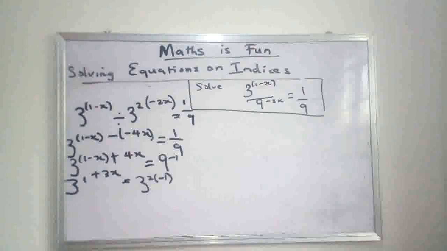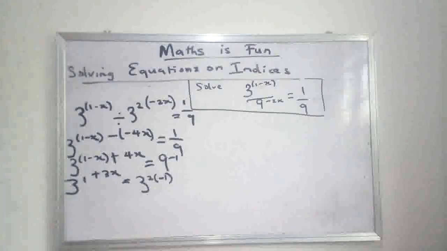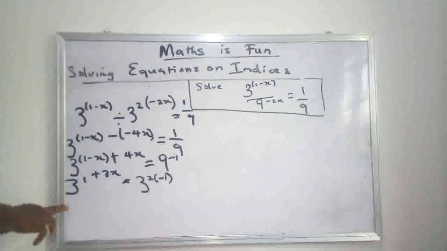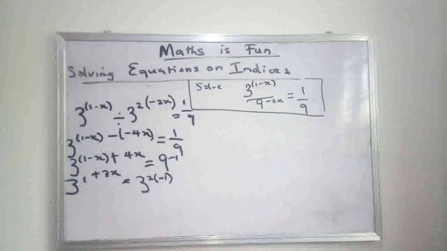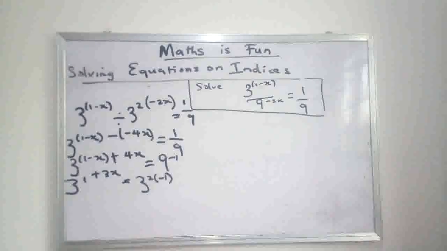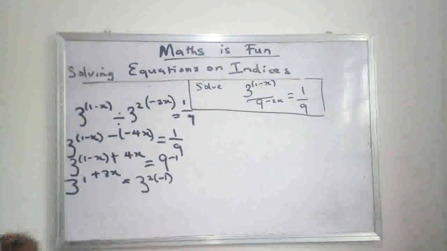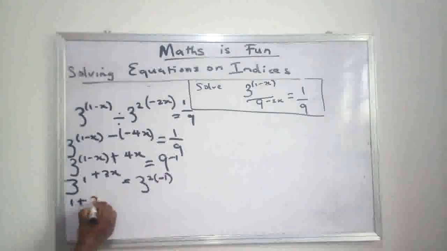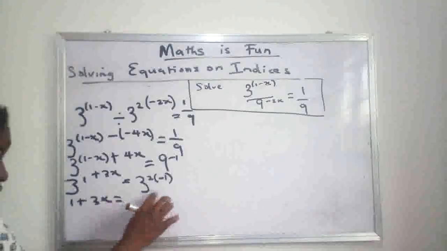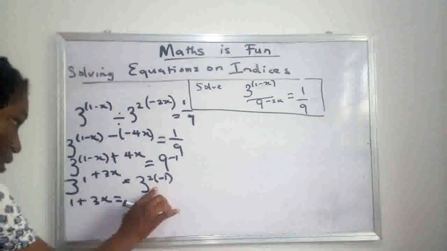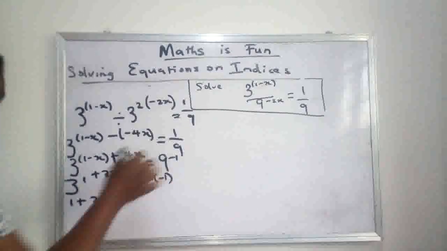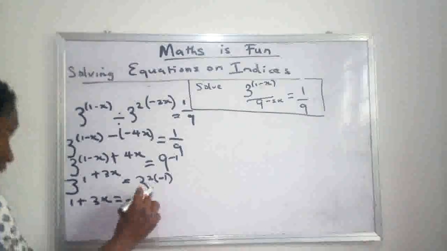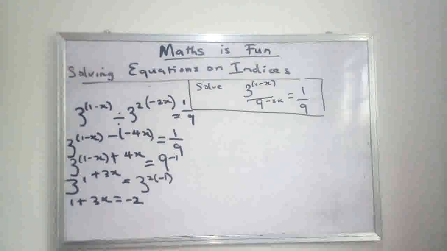At this point, you can see that the rule on equality comes into play, because we have the same base out here, the same base out here, so their powers can be equated. So that simply means 1 plus 3x is equal to, this is what? 2 multiplied by minus 1, which gives us minus 2.